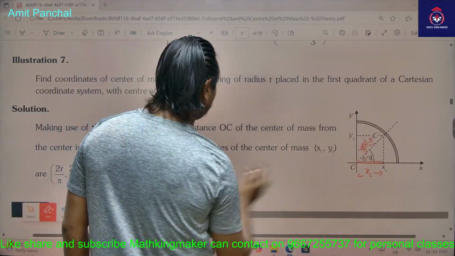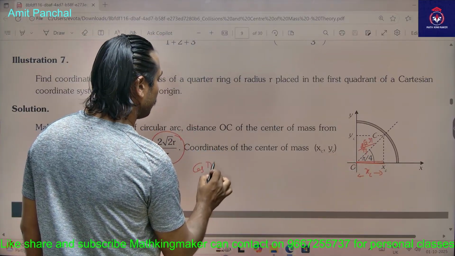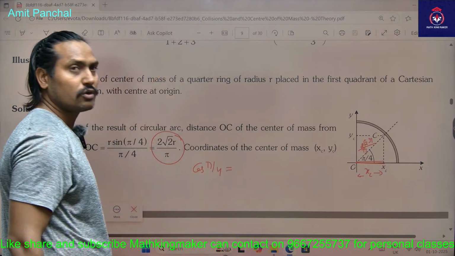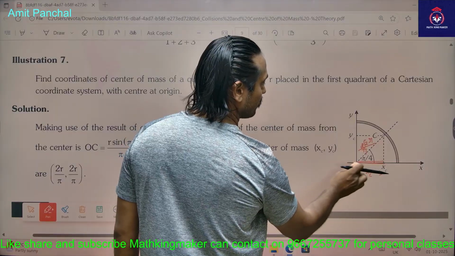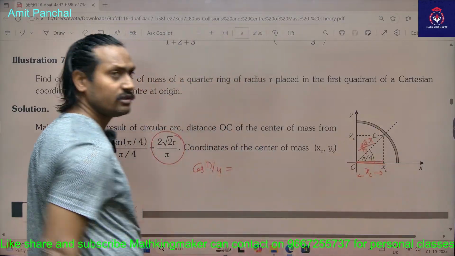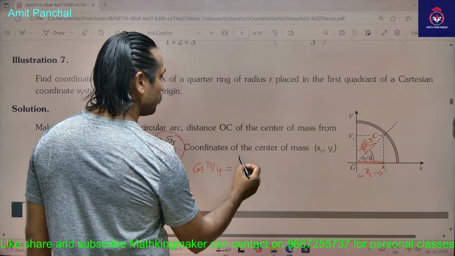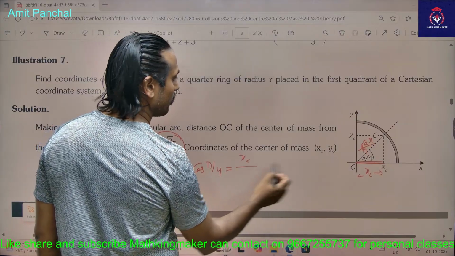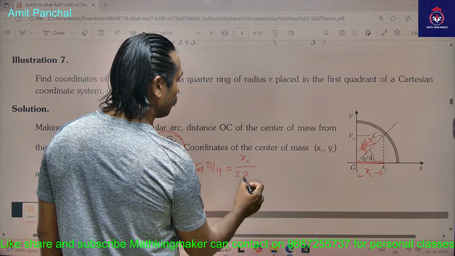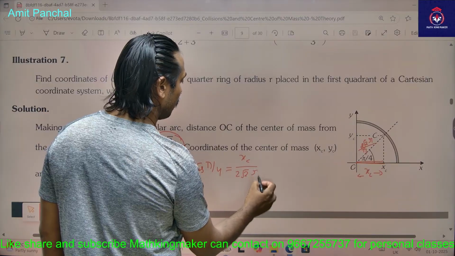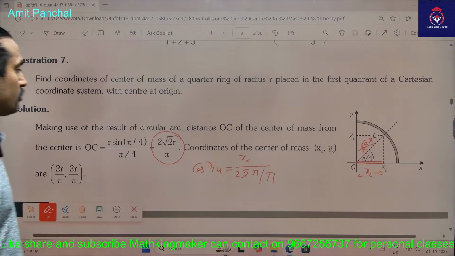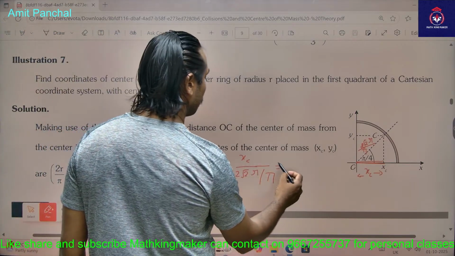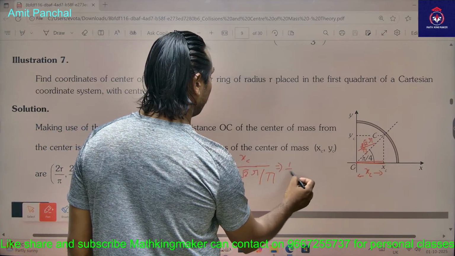So cos pi by 4 is how much? Cos pi by 4 is adjacent upon hypotenuse. Adjacent is XC, and the hypotenuse is 2 root 2 r by pi. Cos pi by 4 is 1 by root 2.